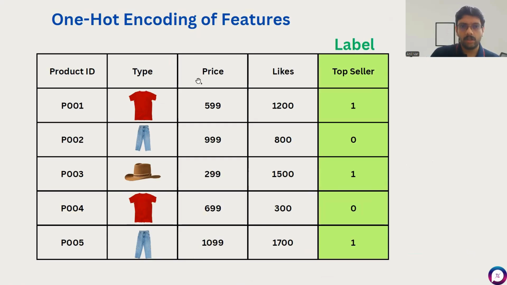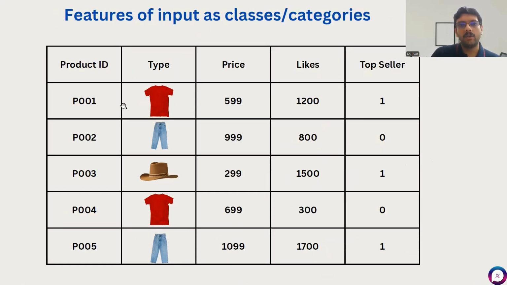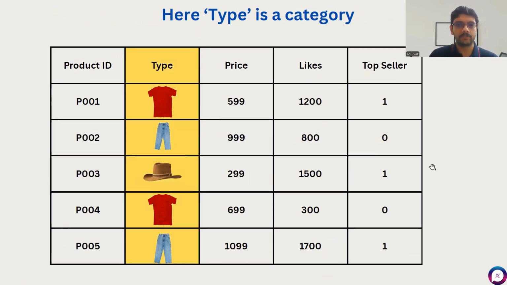So price is fine, it's a number. Likes on social media for that product is fine. But now you have the type of product. So let's say you have jeans, t-shirts, and hats, right? Now that is a categorical variable, kind of like a label that we had, only here, it's the input coming into the neural network.